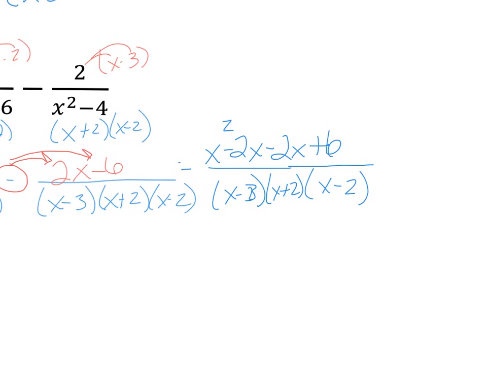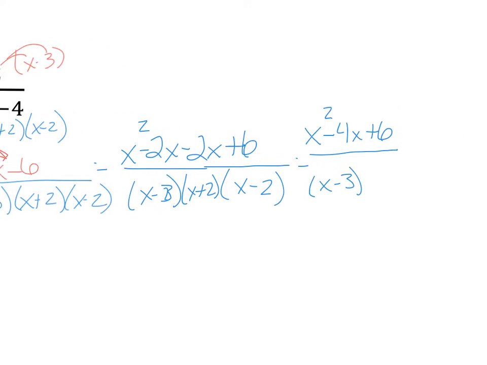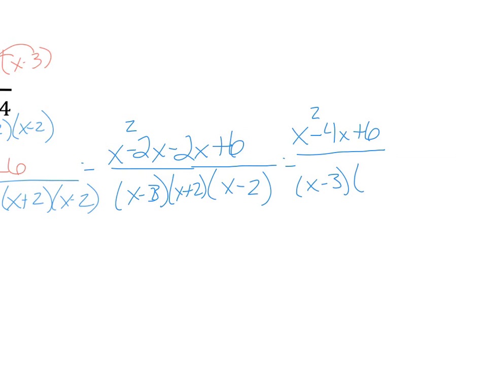Now we need to combine these like terms here, and see if this will factor and reduce. So when we combine these like terms, we have x squared minus 4x plus 6 over x minus 3, x plus 2, x minus 2.